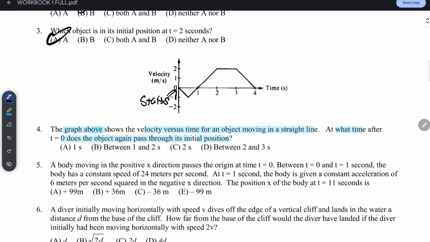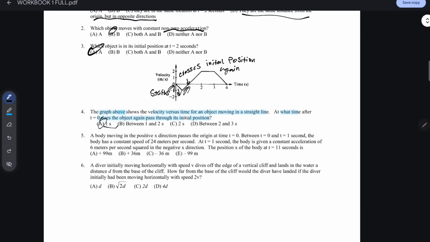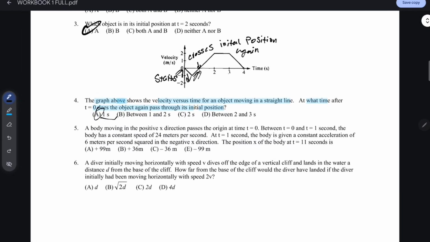It starts, it goes down and then it goes up, and it crosses the initial position again. So the answer would be A, because at 1 second it crosses the initial position where it started. Okay, moving on.